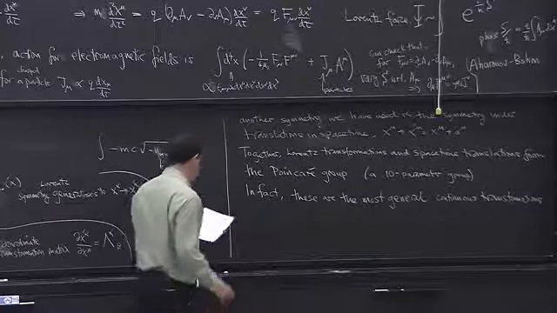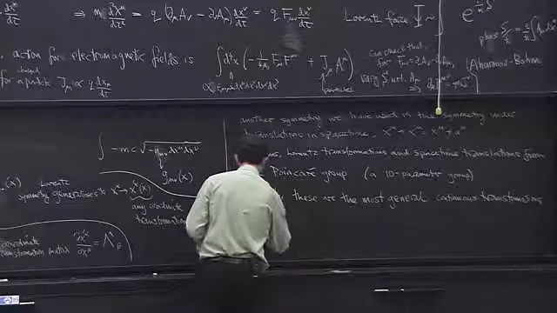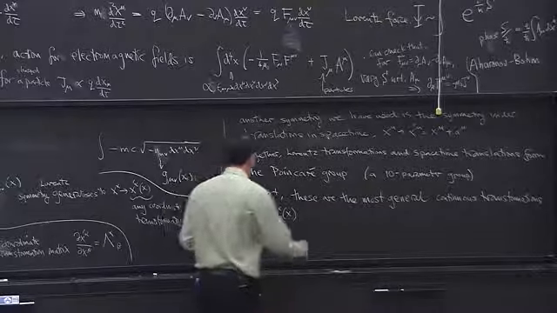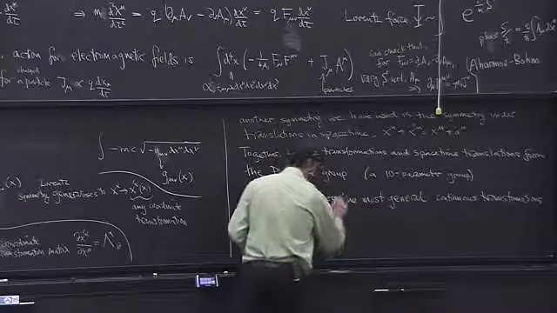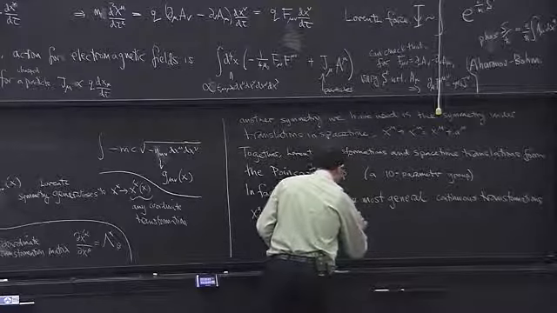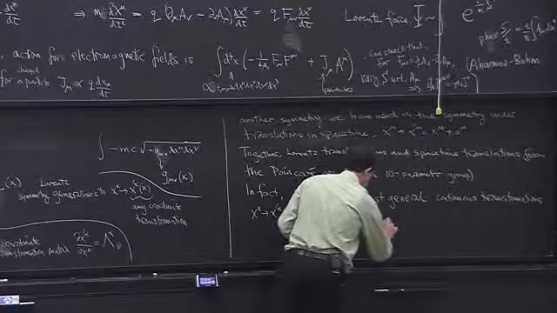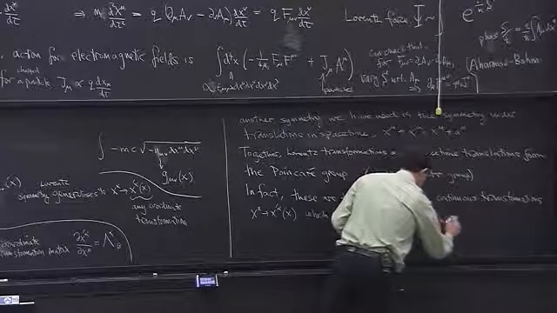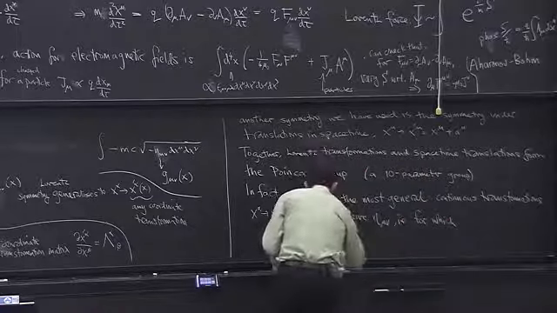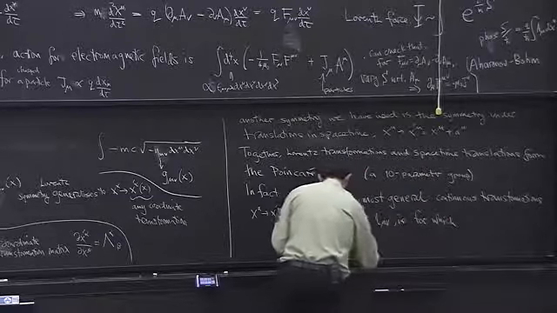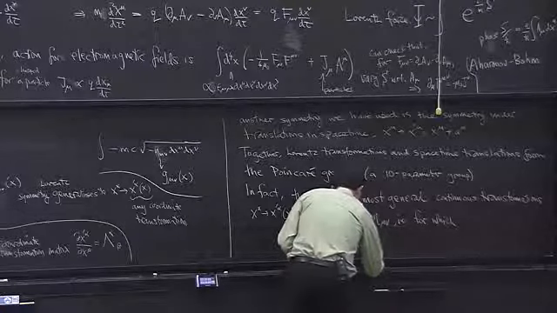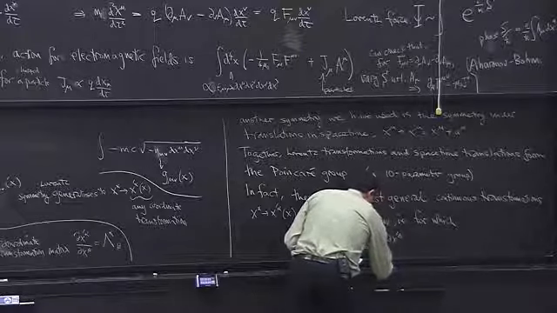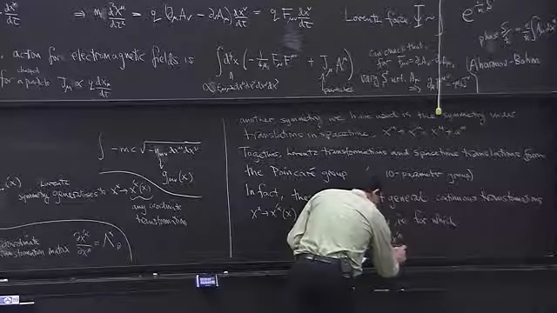These are the most general continuous transformations x alpha goes to x prime alpha of x which preserve eta mu nu, i.e. for which eta gamma delta is equal to eta alpha beta dx prime alpha dx prime beta dx gamma dx delta.